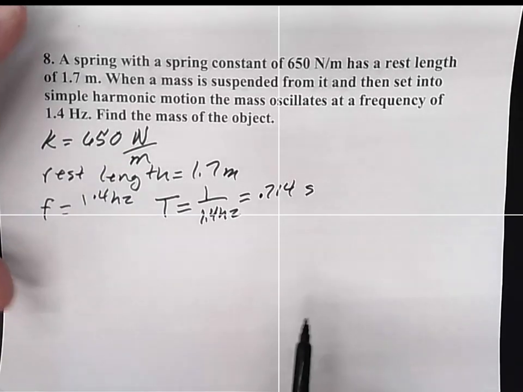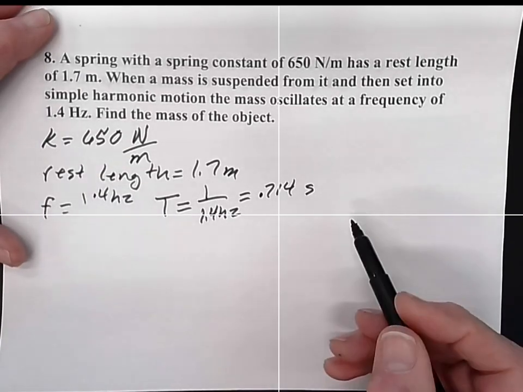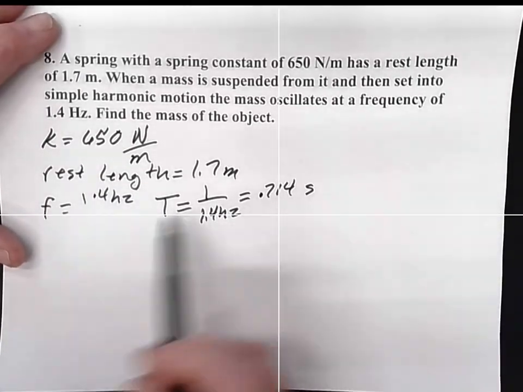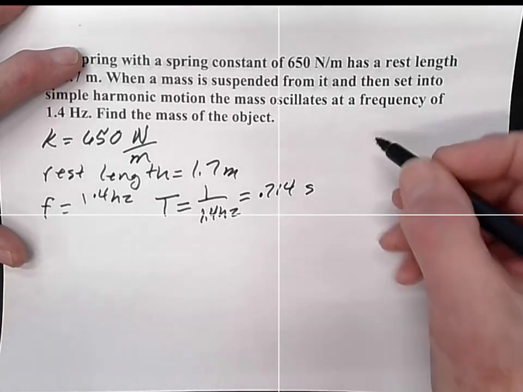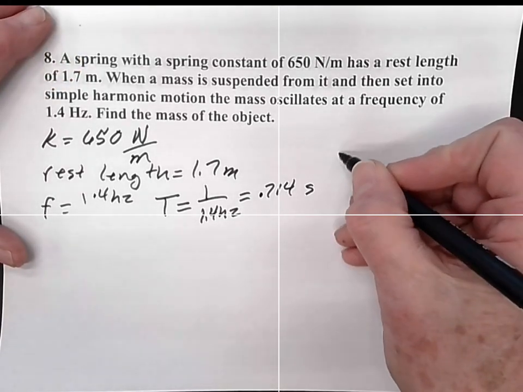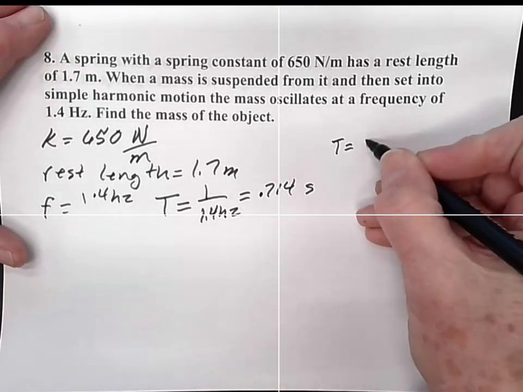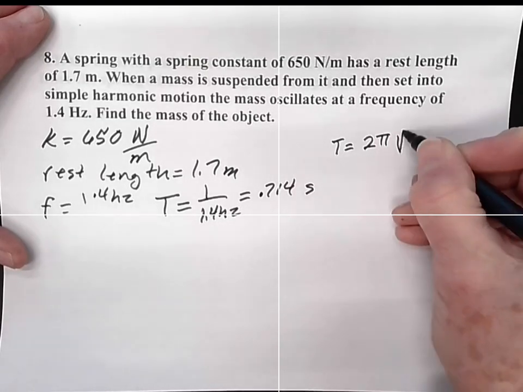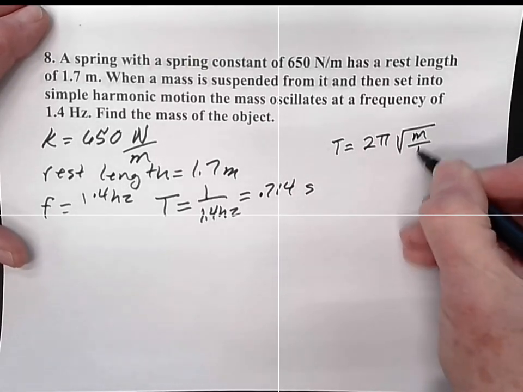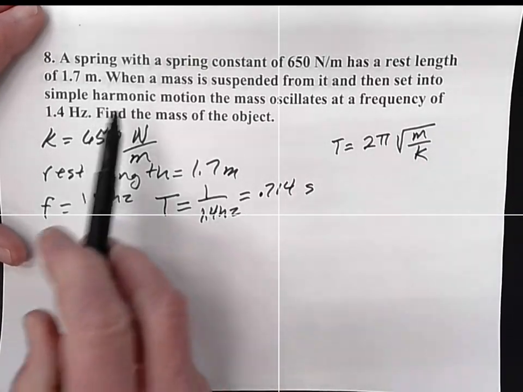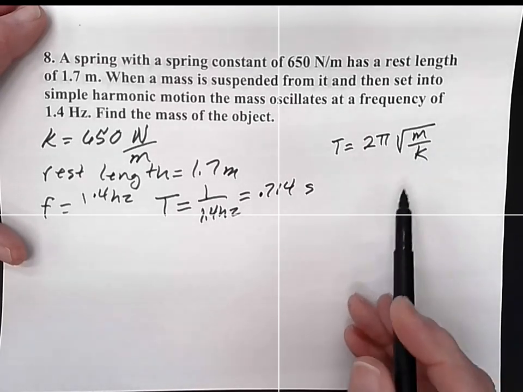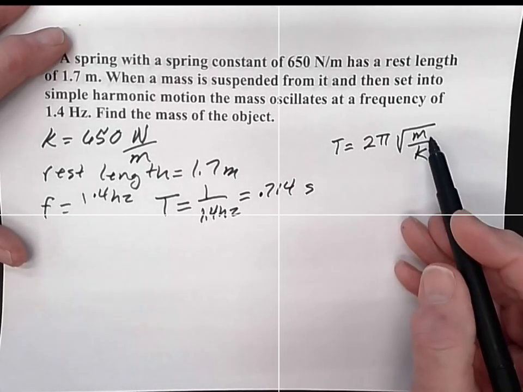So they want you to find the mass of the object, and I think this is the first one that's asked for the mass of the object. So let's just take a look here. If you've got T is equal to 2 pi square root of M over K, then what we're actually looking for is M. Then we can go ahead and vary it in such a way that we get M.